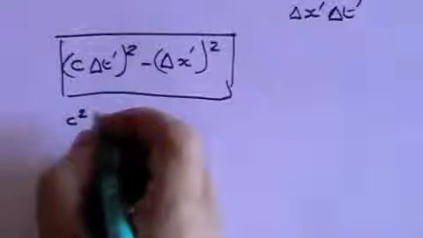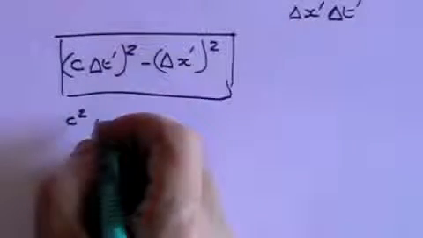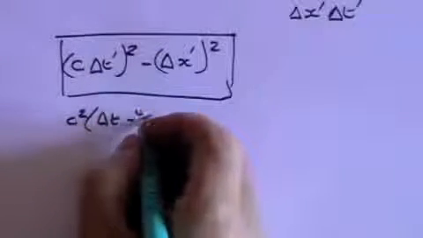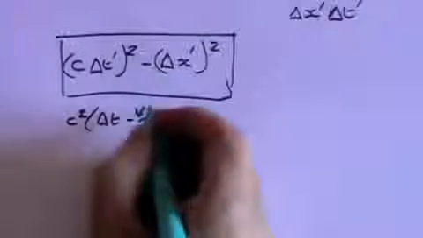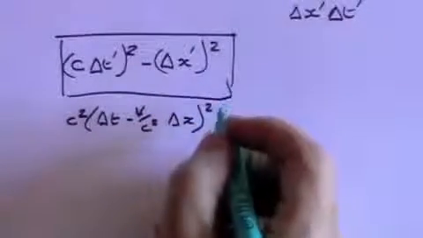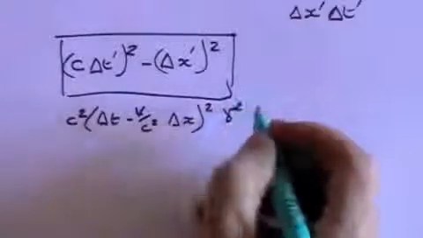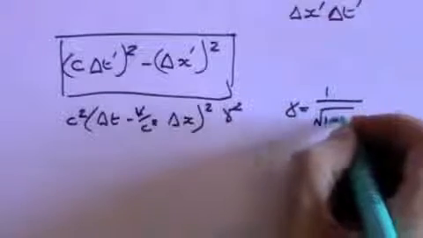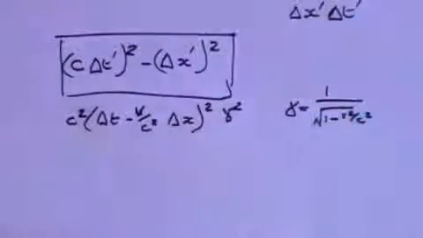If we substitute into this equation, we get c squared times delta t prime squared, which is delta t minus v over c squared delta x, all squared, and I'm going to put in a term gamma squared. Gamma is 1 over the square root of 1 minus v squared over c squared. It just saves me writing it out so many times.